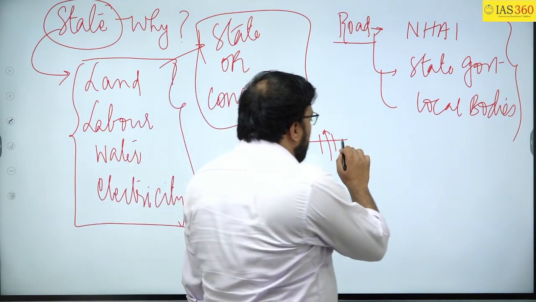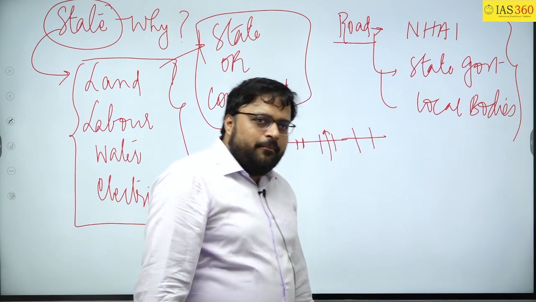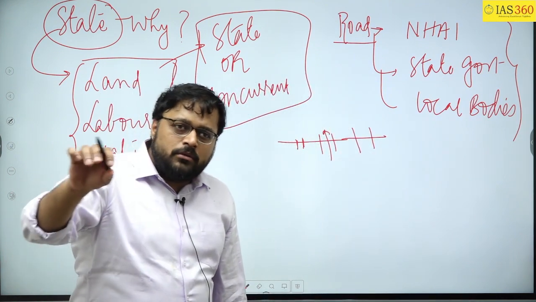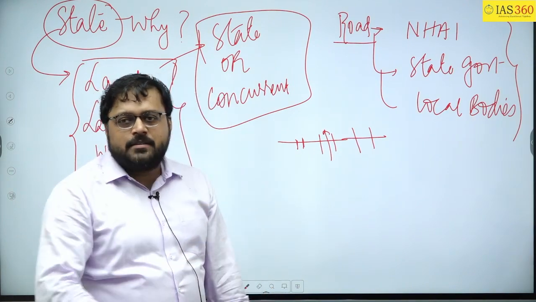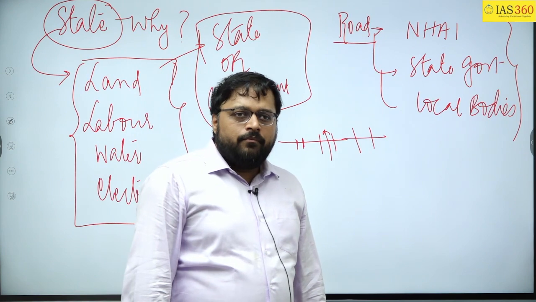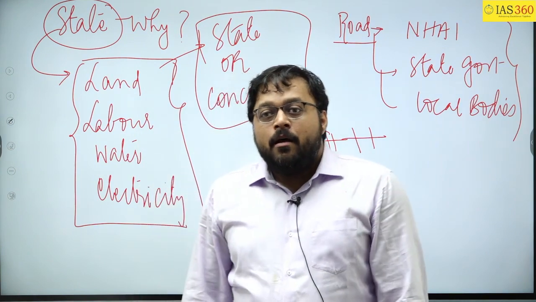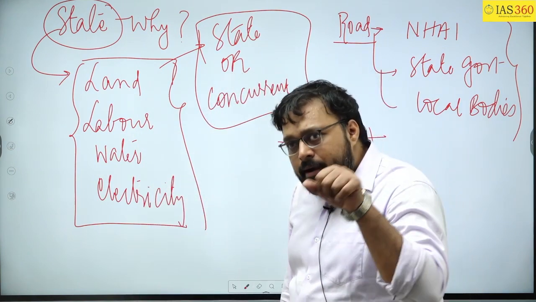Day after tomorrow again, the Ministry of Petroleum wants to lay down their pipe. Then again they will dig the road, and they will fill the road once they have inserted the pipelines. So what is happening and why is it happening?